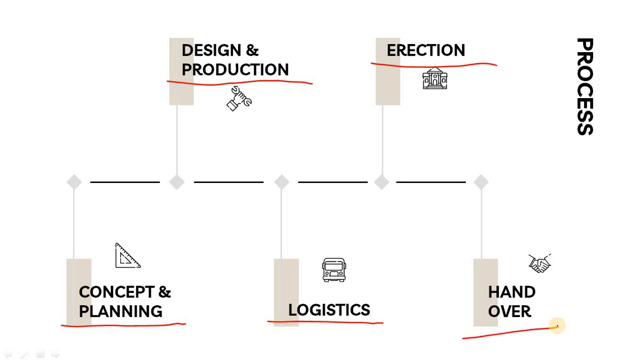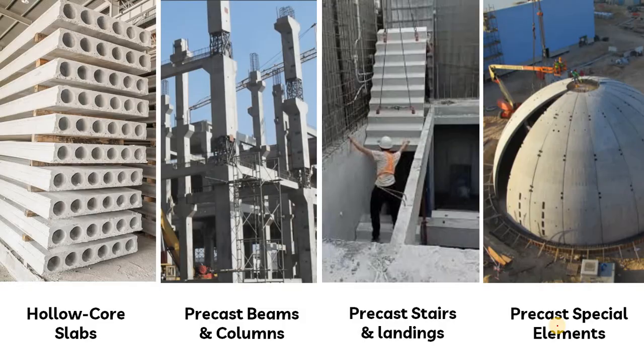Last but not least is the handover, in which all the final finishings and comments will be cleared, and finally it will be handed over to the client. So this is a very wide view of the process, which we have bifurcated into four stages: concept and planning, design and production, logistics, erection and handover.